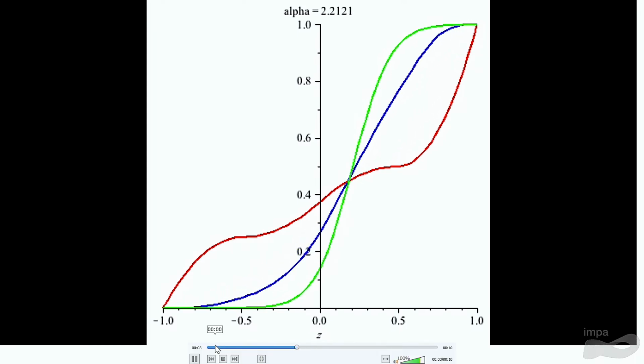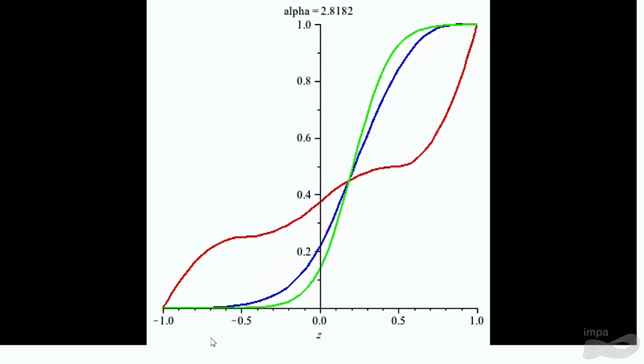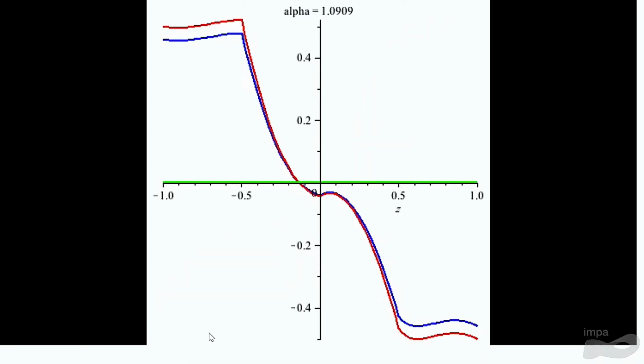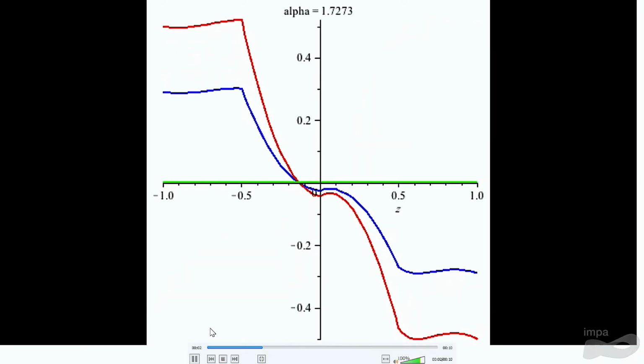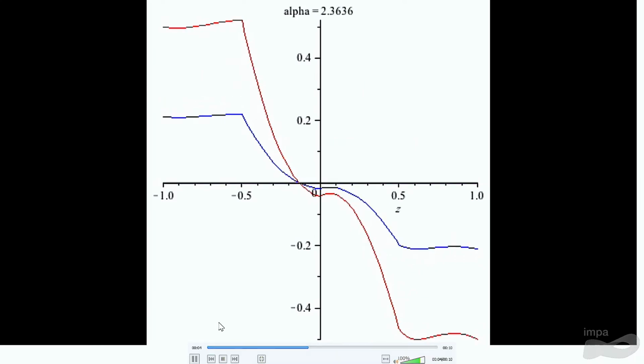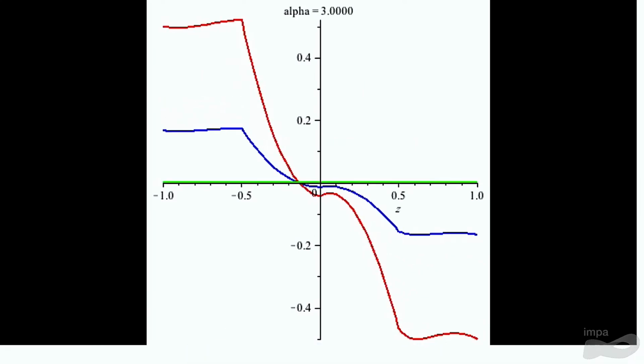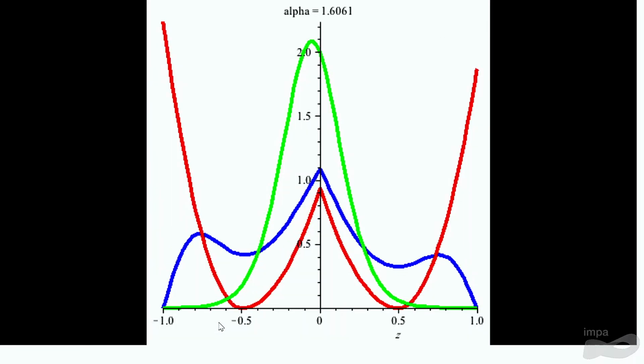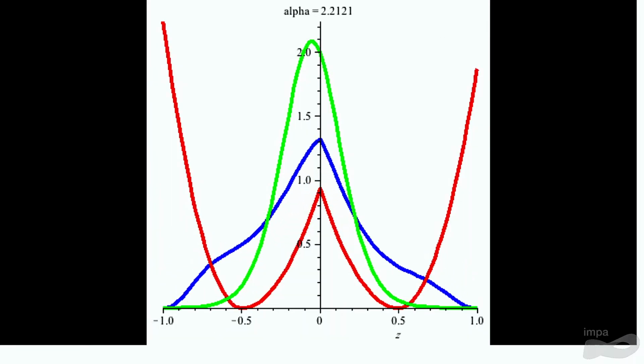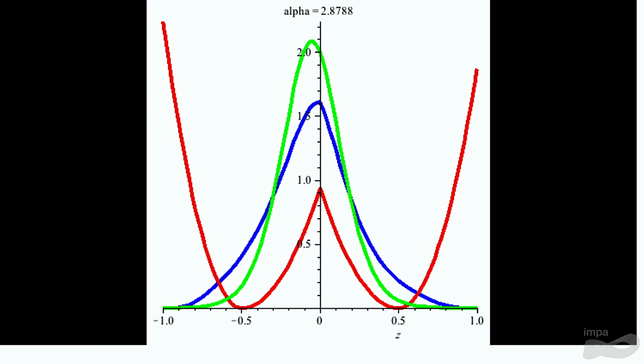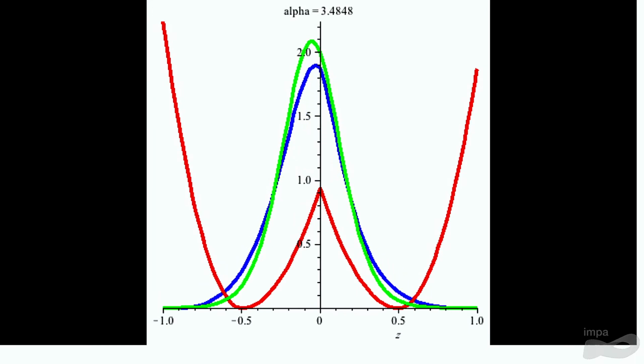It's the same picture, just instead of the probability density function, we're looking at the cumulative now. And here's the invariant as we go through that process. So the convergence is just lightning fast. You can see that it takes a long time for the invariant to get to zero everywhere. It gets close to zero very quickly around the mean.